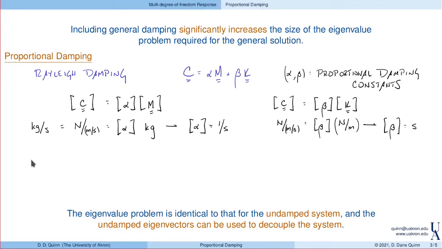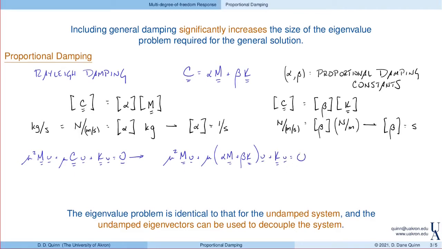Let me remind you of the characteristic equation that we found on the previous slide. Mu squared m times u plus mu times c u plus k times u is equal to 0. So with this assumption for the damping, that reduces to mu squared m times u plus mu, and then alpha m plus beta k times u plus k times u is equal to 0.